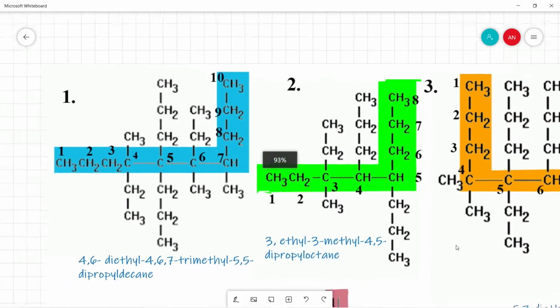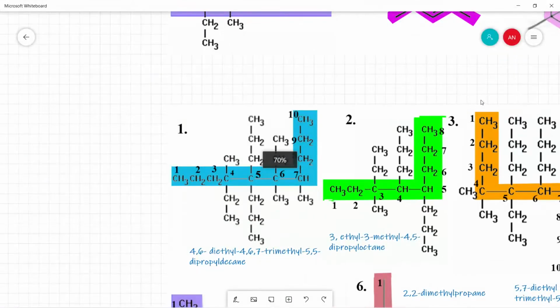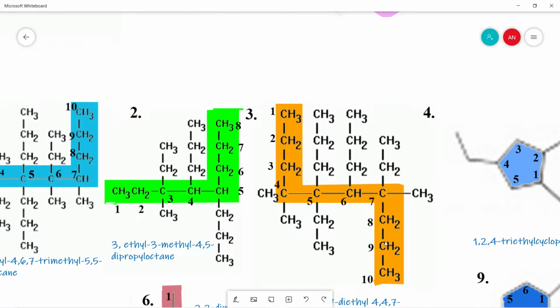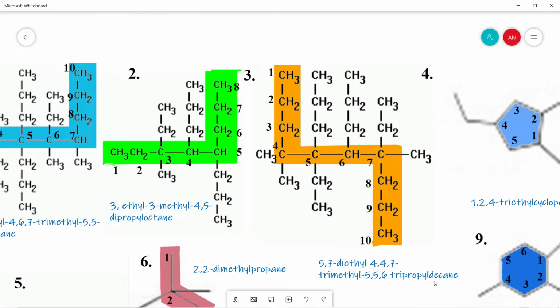Moving to the third one. The parent chain of this compound is also of 10 carbons, so its parent chain name is decane. Why do we assign numbers like this, as shown in the figure? Why haven't we started assigning numbers from this side? Let's discuss.